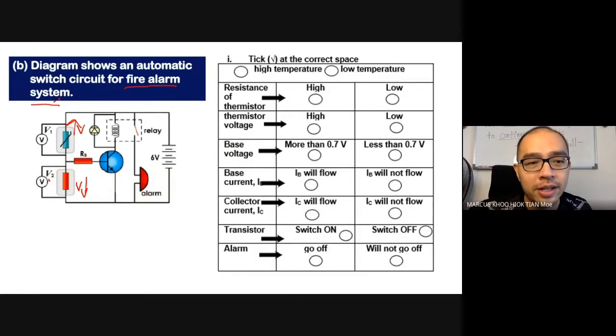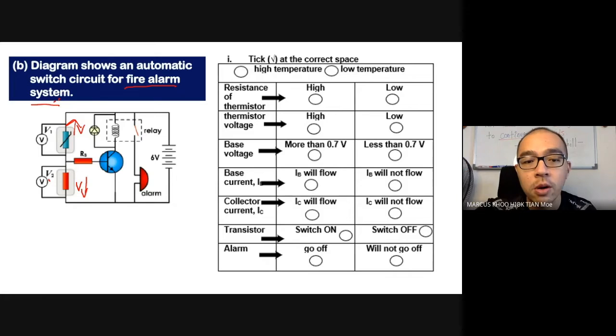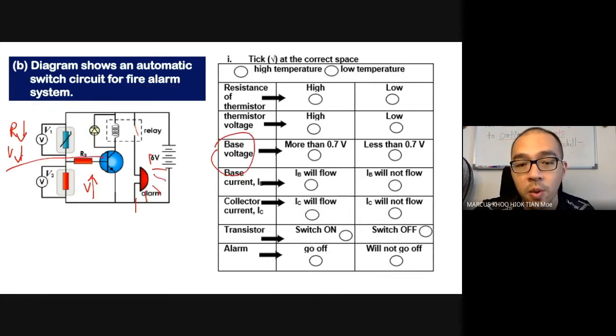If you put the thermistor up here, it depends on which situation you want: high temperature or low temperature. So all these diagrams, I think there are 6 altogether. For the thermistor there are 2, but for the LDR there are 4.